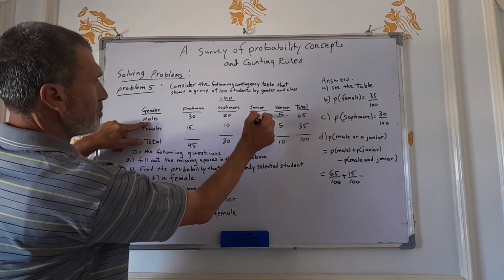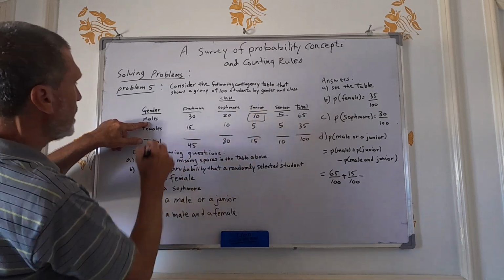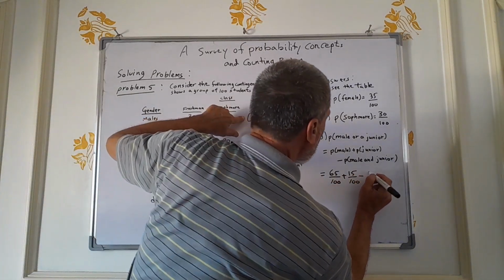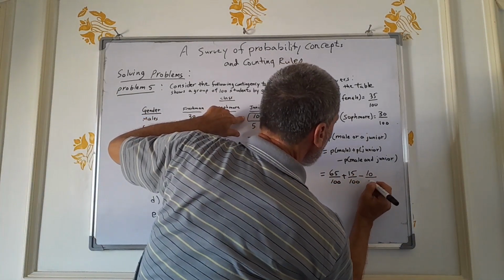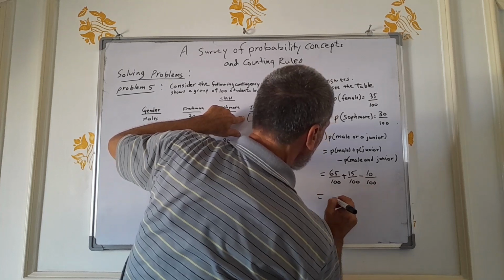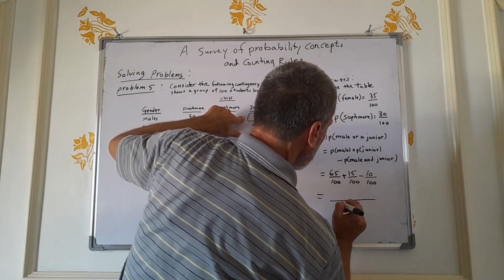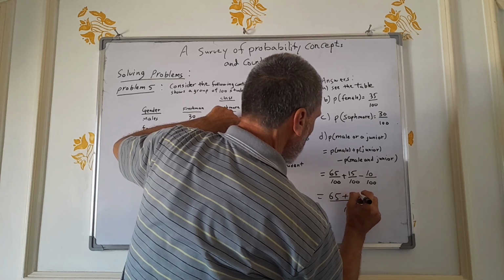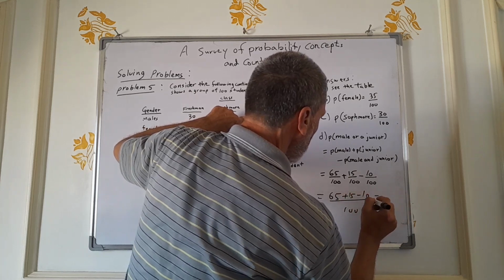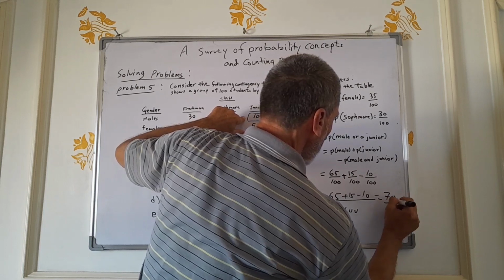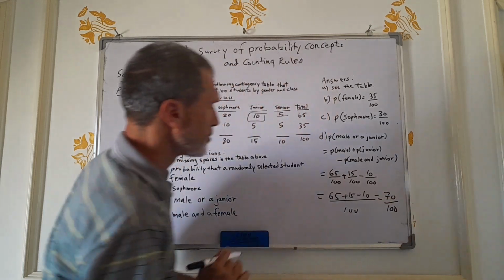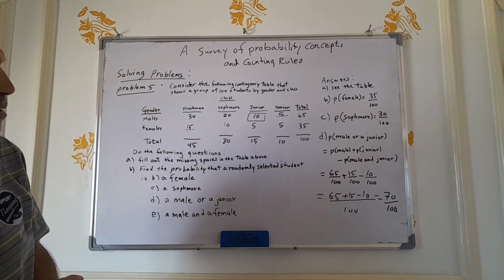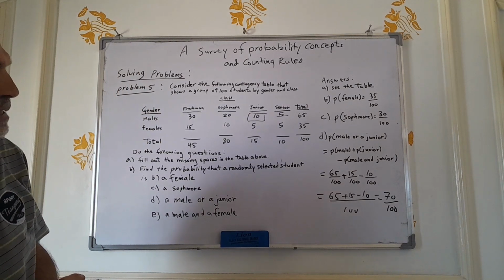Here the intersection of male and junior is 10. So we have minus 10 over 100. We get 65 plus 15 minus 10, which is equal to 70 over 100. Okay? This is D.